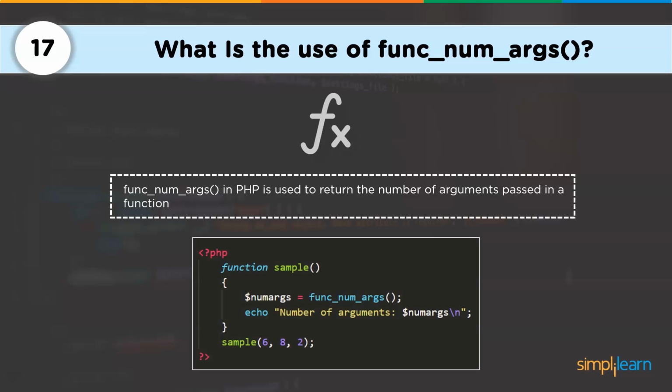So suppose in this sample code you want to know how many arguments were passed in this sample function. To do that, we declare a variable number of arguments and we will set it equal to the function func_num_args. Now we will display it, and this sample has passed 3 arguments, so the output would be 3.